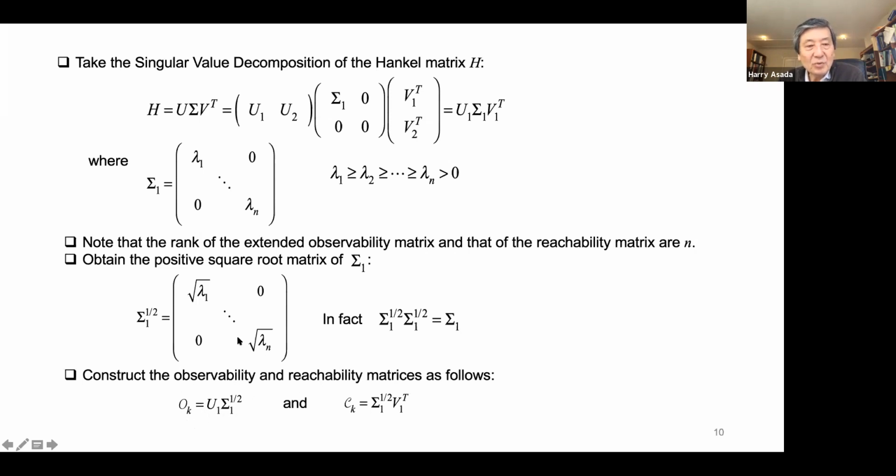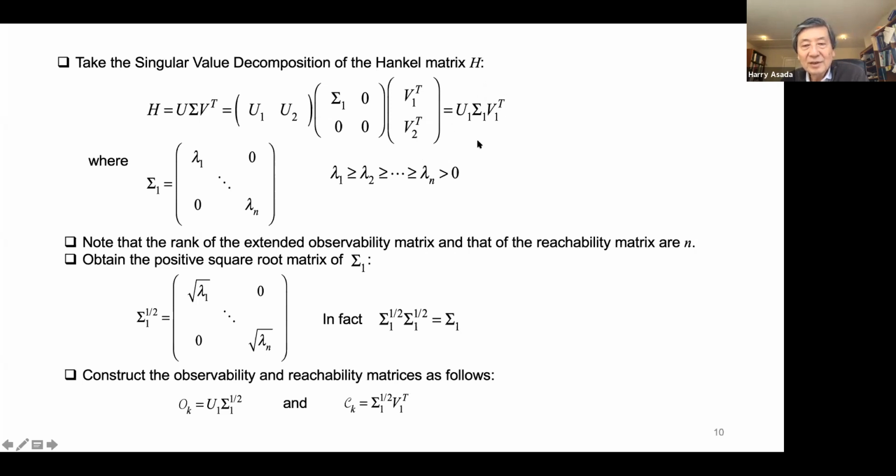O_K consists of U1, which is coming from here, U1. These are zero, so don't worry, U2 and then V2 are not relevant, but we focus on the U1. U1 times sigma half matrix, and then the C_K side, sigma half, and then the V1 transpose coming from this part.